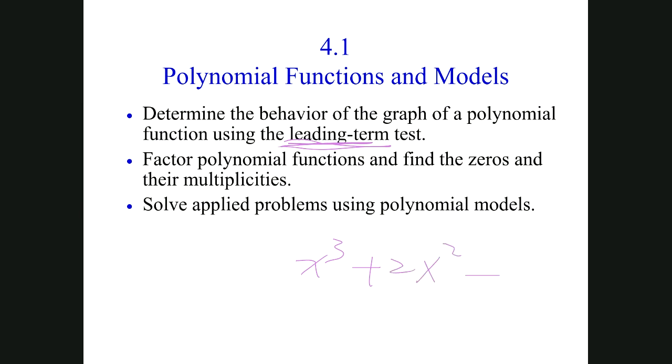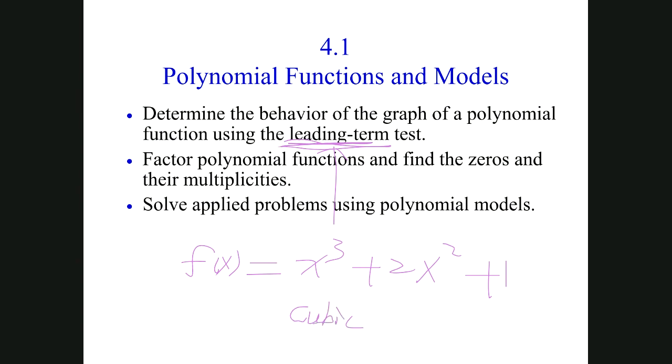If I let f of x equal this, this is a polynomial. Since the highest degree is 3, this is the leading term, the highest degree term. And since the highest degree is 3, we call this a cubic function.